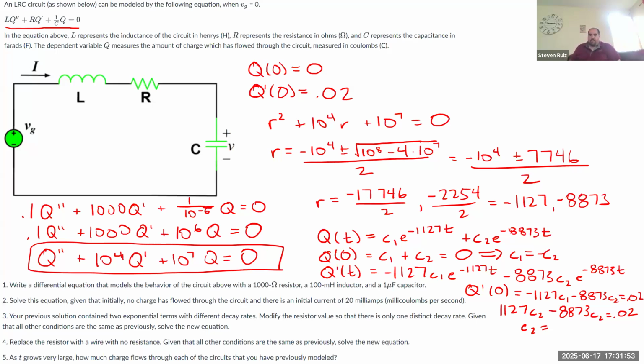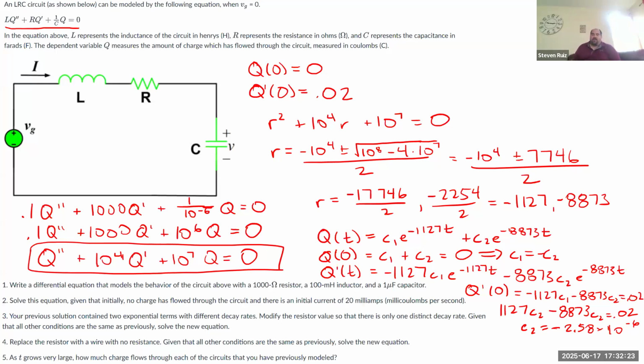All right, I'm getting that C2 equals negative 2.58 times 10 to the negative what? Let me count. Times 10 to the negative 6. Okay.